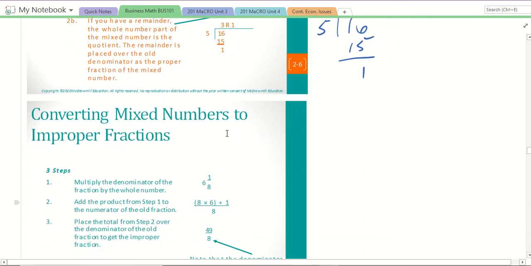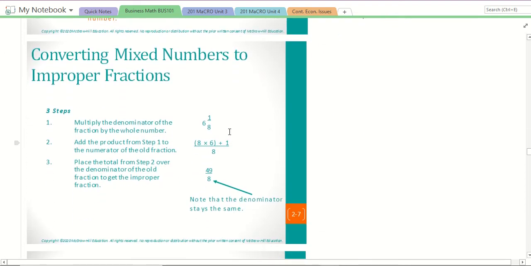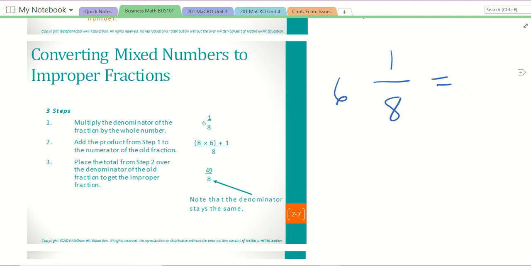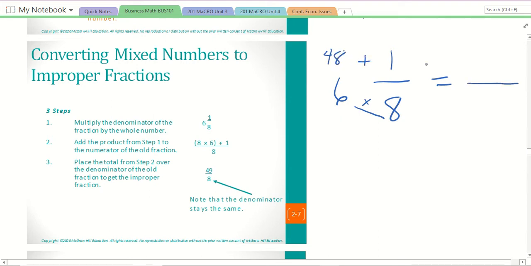So let's keep scrolling down here. Converting mixed numbers to improper fractions. How do we turn 6 1/8 into one? If we multiply, we get 48, and then we add our numerator here, we get 49, and we keep our denominators always the same, which is 8.